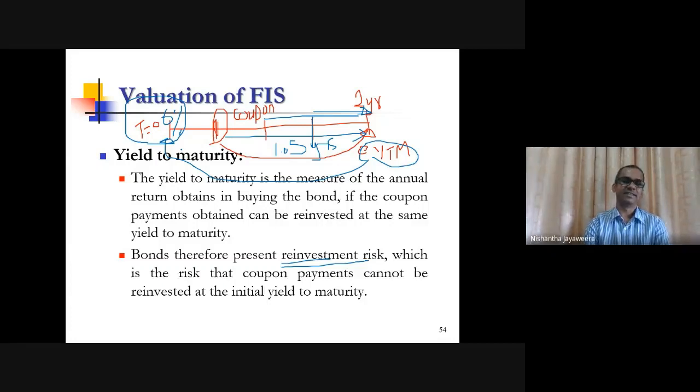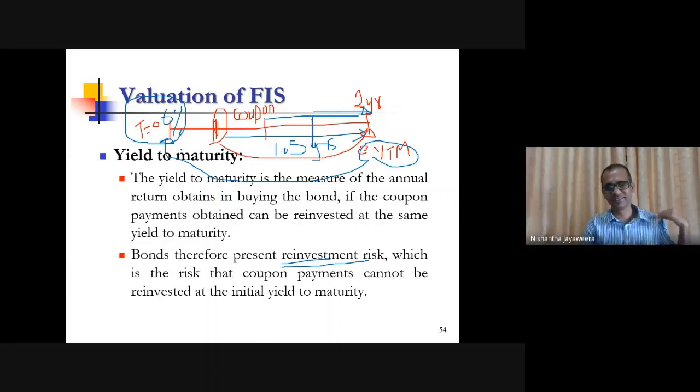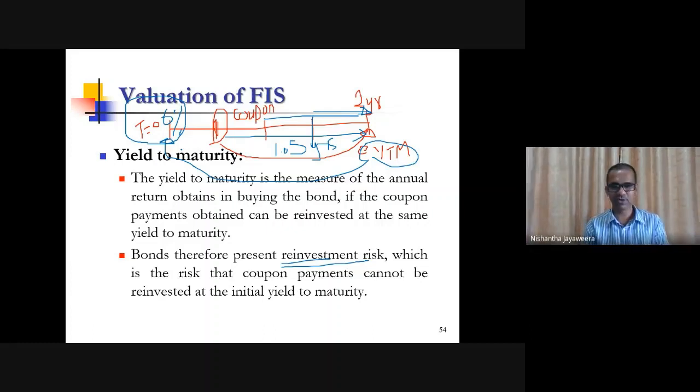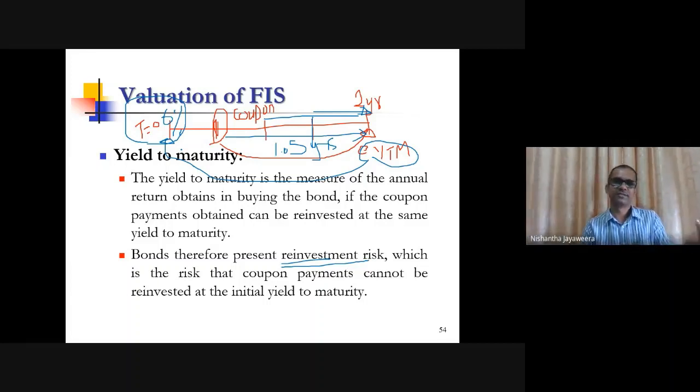But then it's not about the single bond. It's about your portfolio, what your portfolio would generate. You cannot earmark that this is the cash flow from this bond and that cash we invested in this loan and earn this. But say you get this cash flow and grant a loan to an individual.